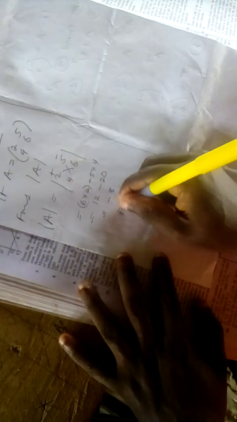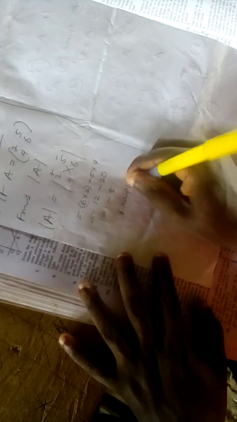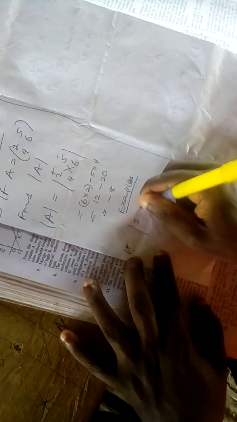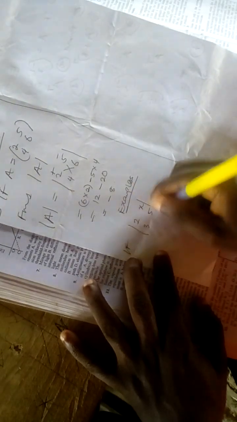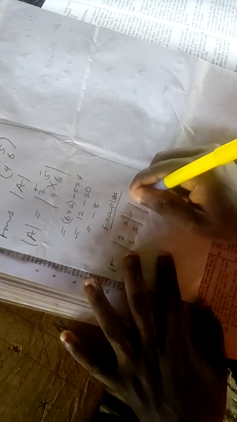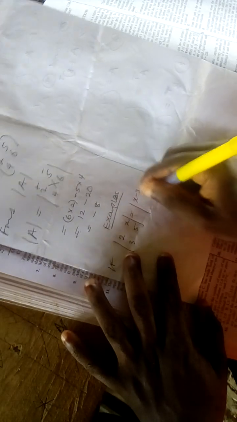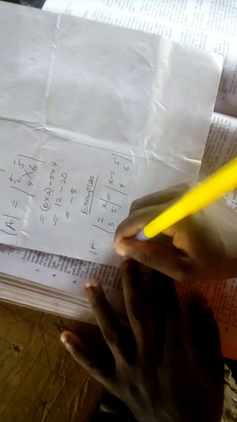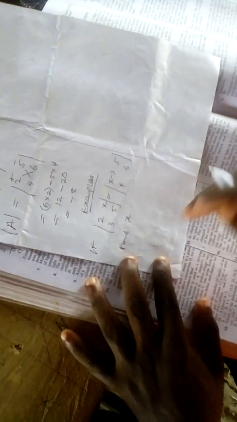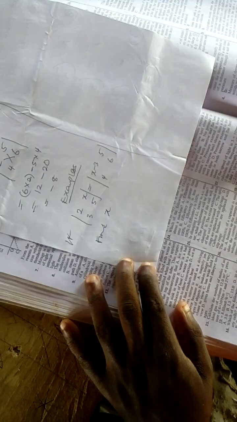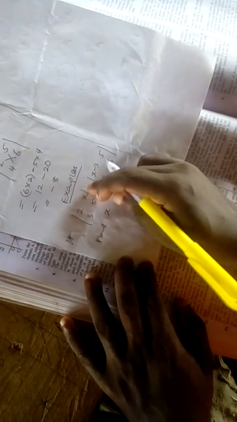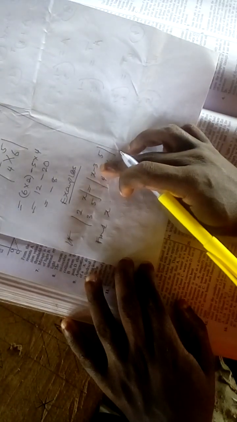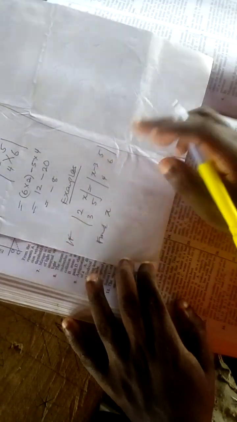So if we consider this other example: if the determinant of 2x, 3, 5 equals the determinant of x minus 3, 5, 4, 6, find x.